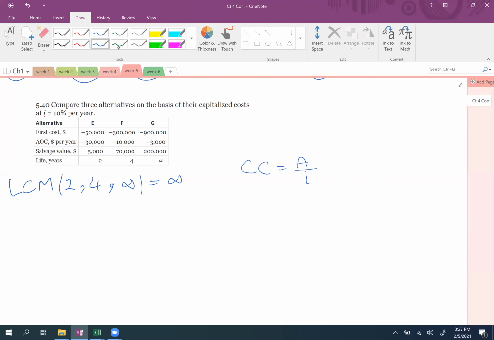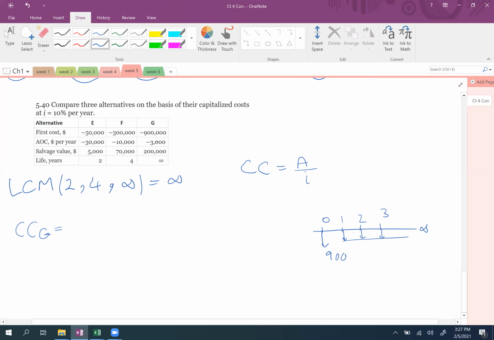For all the alternatives, I will change whatever I have to A, just divided by i, which is 10% in this example. For G, the capitalized cost of G should be equal to A over i. But look here, at time equal to 0, you already have $900,000 in negative direction, and you have an annual operation cost of $3,000 all the way to infinity.